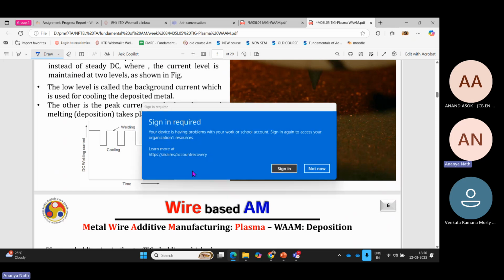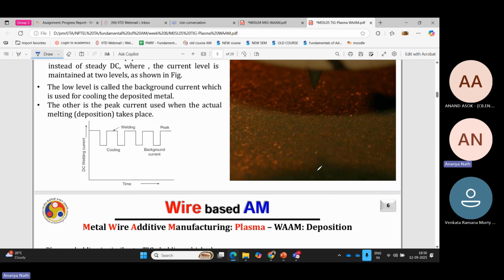If you turn off and turn on the whole voltage setup, then because of the inertia, you are not going to get a stable arc for the whole deposition. So that's why we maintain a background current. And then in pulse mode, we give the peak, and at that peak current, we get the deposition.